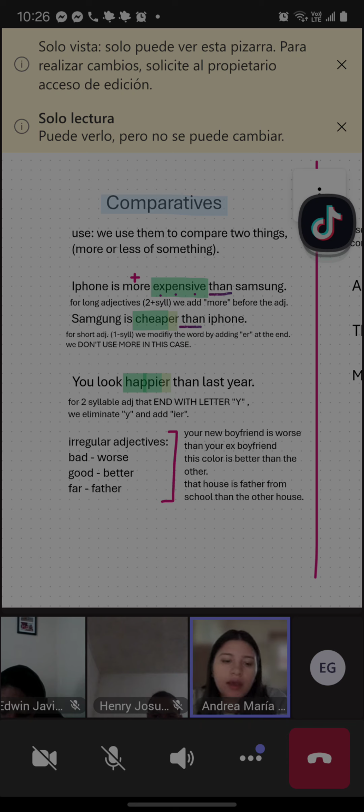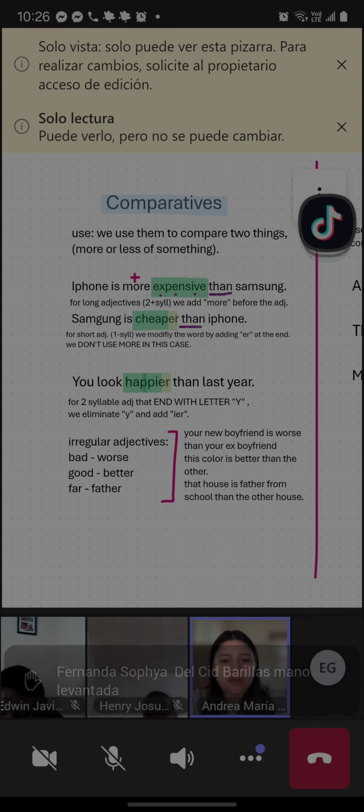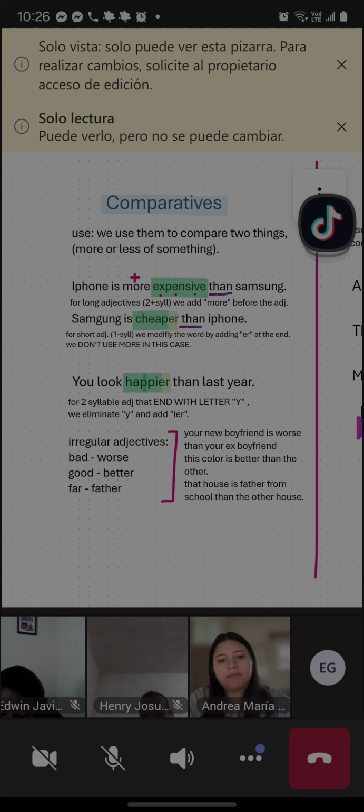Okay? We also have irregular adjectives. And it is the same. For example, Ingrid is the funniest person in the classroom. This is what your partners said yesterday, Ingrid. So Ingrid is the funniest person in the classroom.